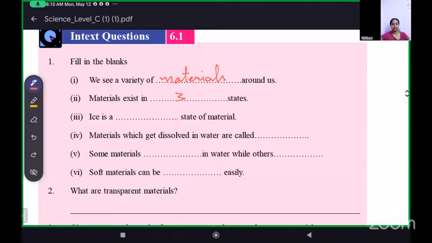Ice is a solid state. Ice is a solid state of material. Next one, materials which get dissolved in water are called soluble.